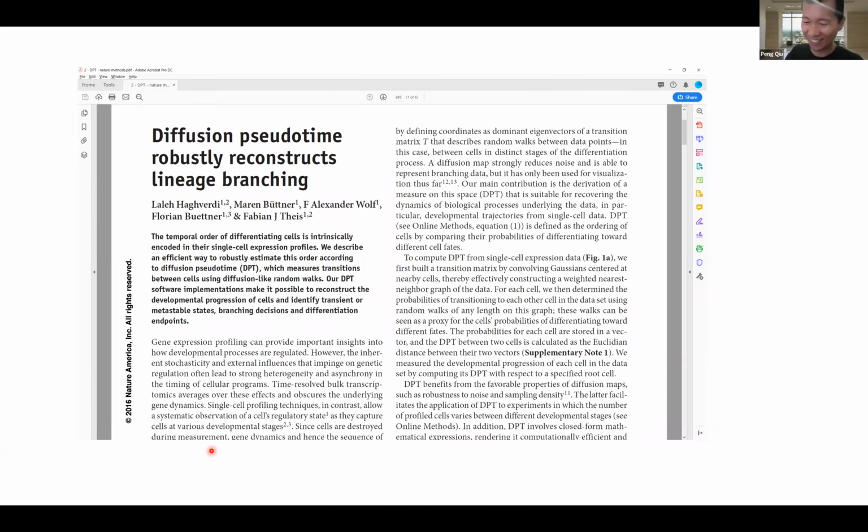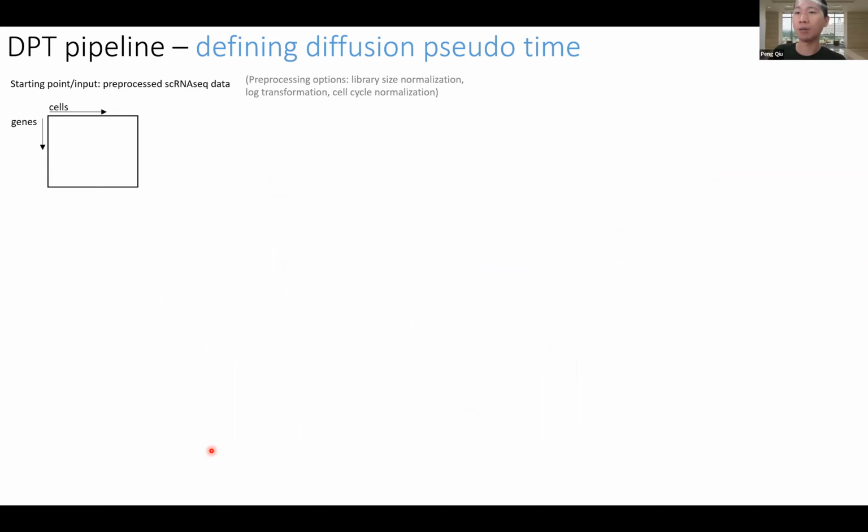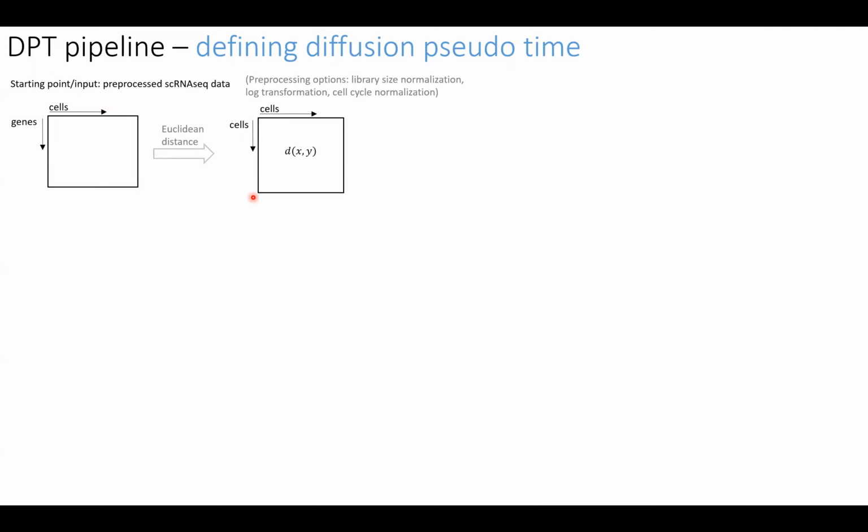Okay, so similar to the clustering pipeline, I also want to use these boxes and diagrams to describe this DPT analysis algorithm. So the starting point is the gene by cell count matrix. Okay, 20, 30,000 genes, however many cells we may have in the data. As a first step, what DPT does is it computes this pairwise distance matrix, which is just the Euclidean distance between two columns here.